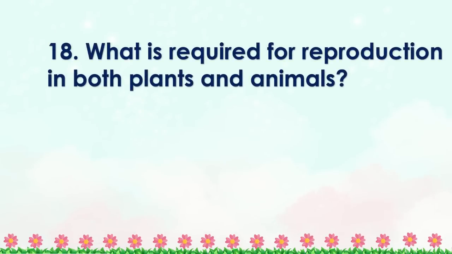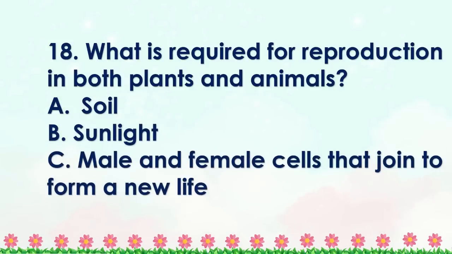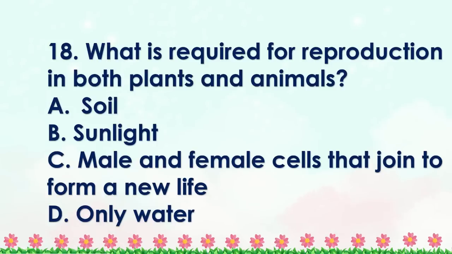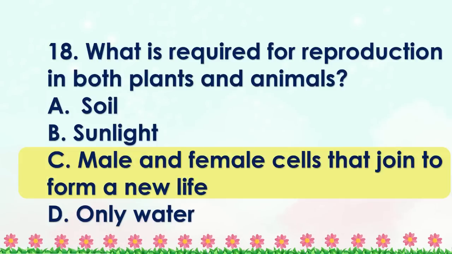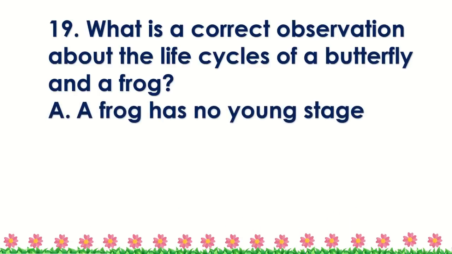What is required for reproduction in both plants and animals? C. Male and female cells that join to form a new life. What is a correct observation about the life cycles of a butterfly and a frog?